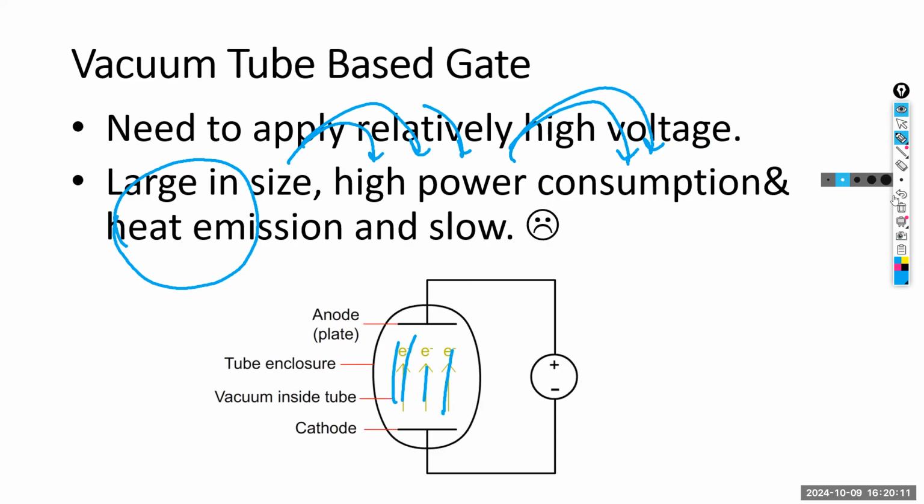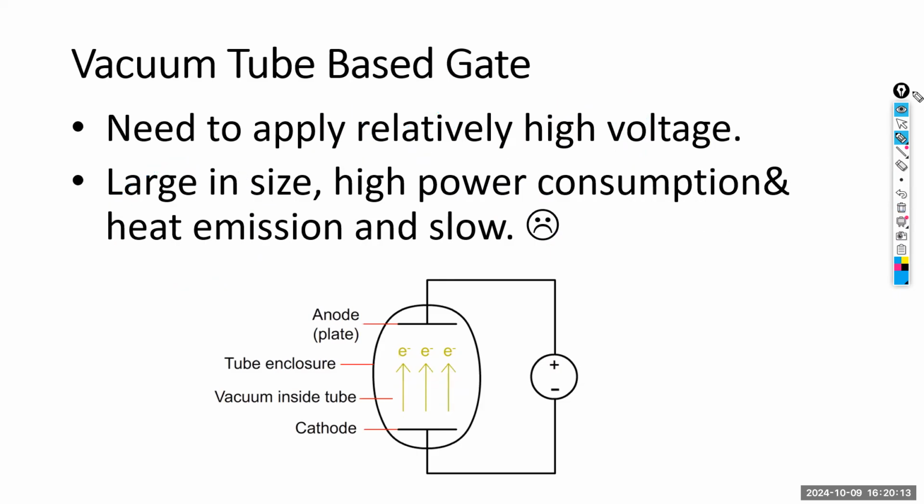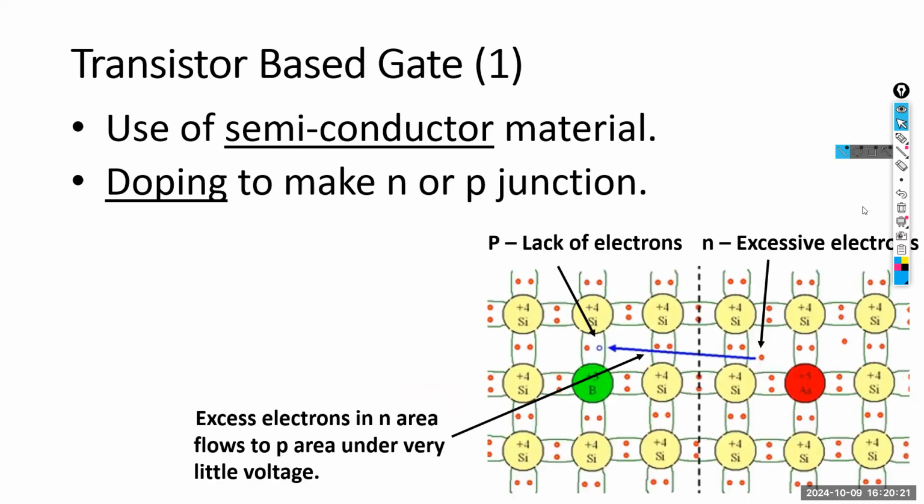But this is old fashioned. Vacuum tubes had so many issues like high heat consumption, slowness, being physically big, and so on. That is why computer engineers and electronic engineers came up with the idea of transistor-based gates.